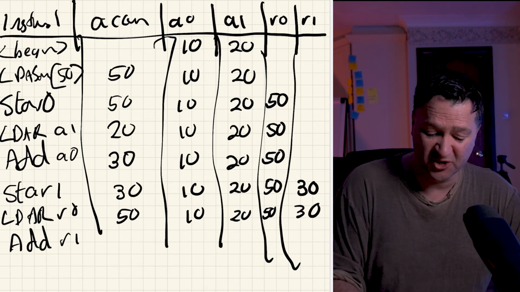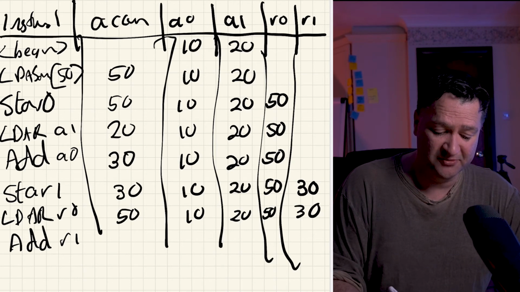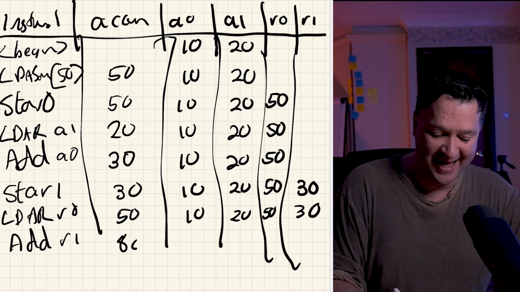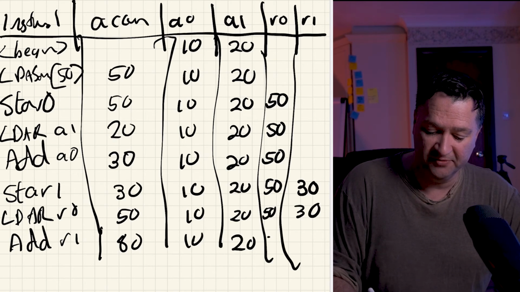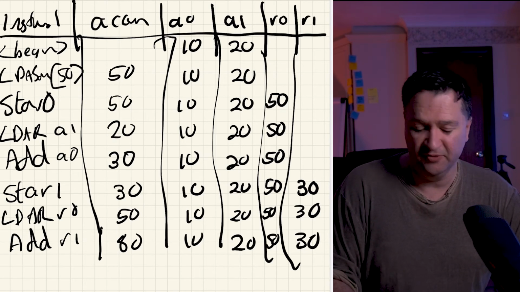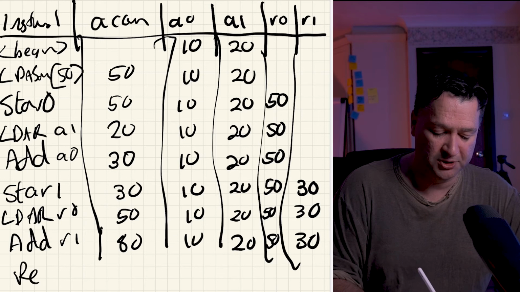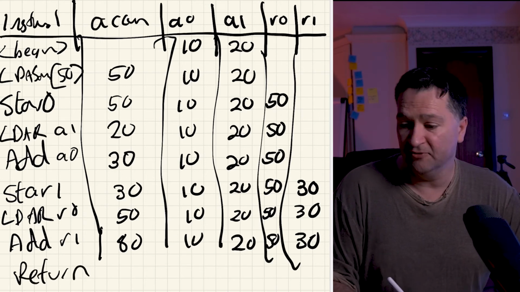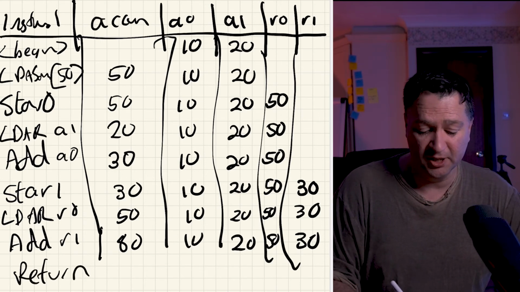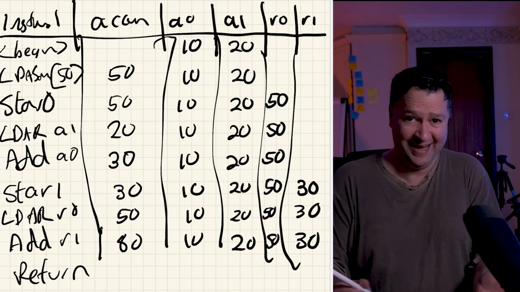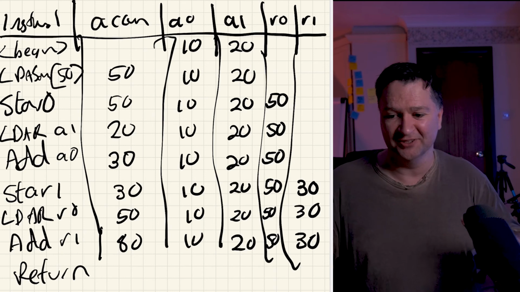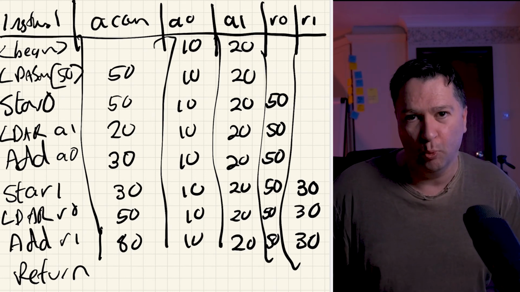R1 is currently 30, the accumulator is 50, so that's going to make 80. And that's still going to be 10, 20, 50, 30. And then the final command is return. If we look at that, 80 is in the accumulator, so that's what gets returned, 80. So that is exactly what is happening under the hood, and that's how parameters work.